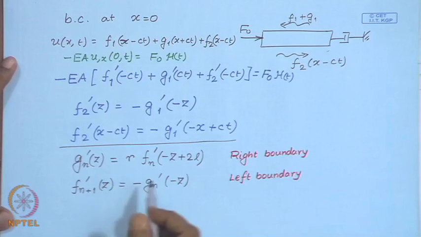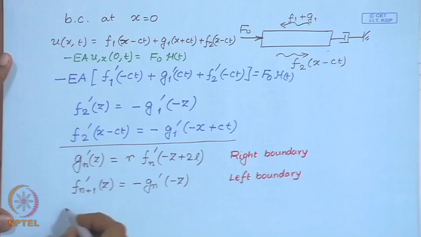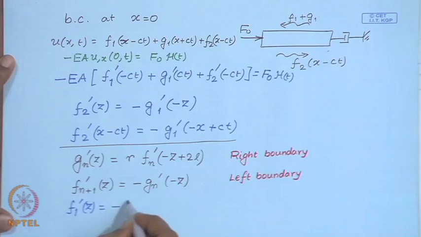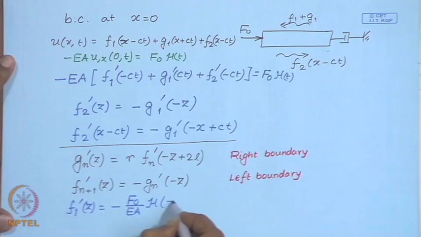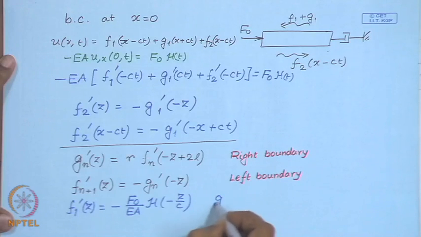And thus at the start, f 1 prime, we have already solved this. f 1 prime is this and g 1 prime.